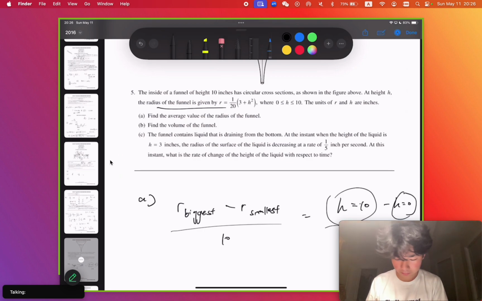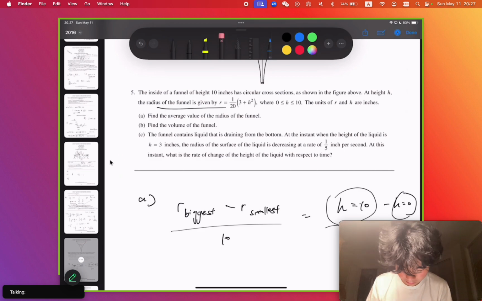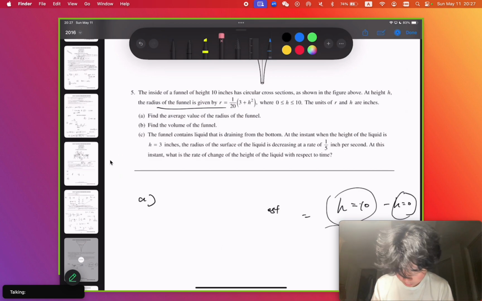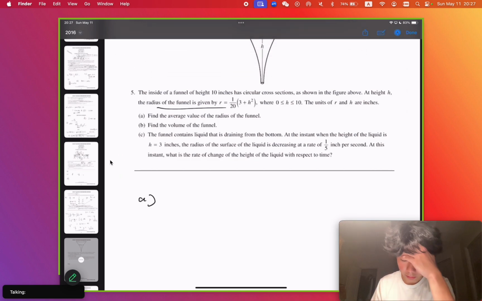Just make sure. 1 divided by 20 times 3 plus 100. I feel like no. It has to be the integral, because you're calculating every height and then dividing it by the total range.